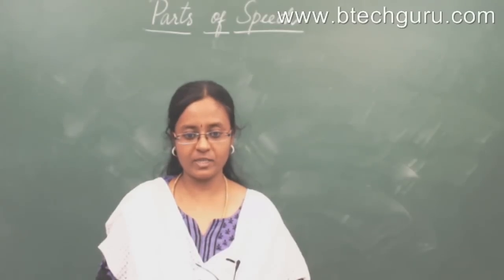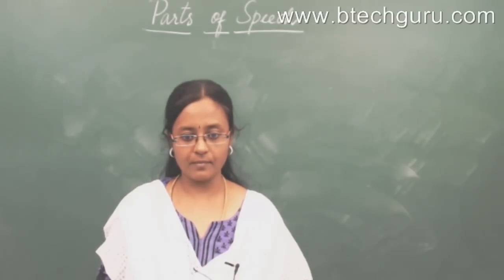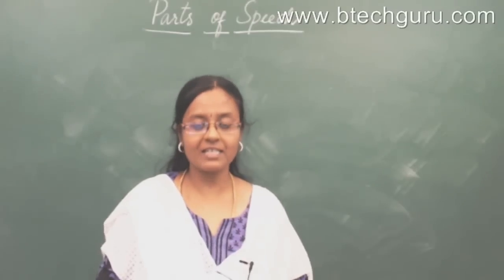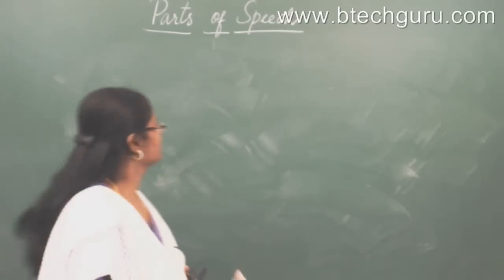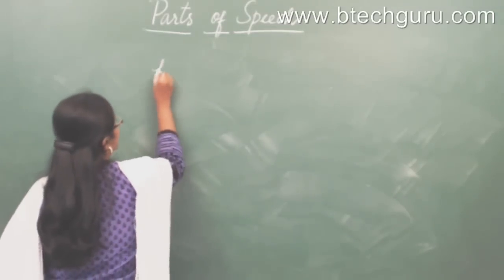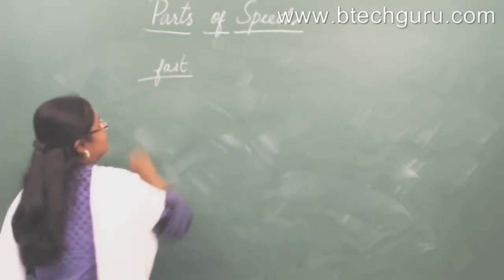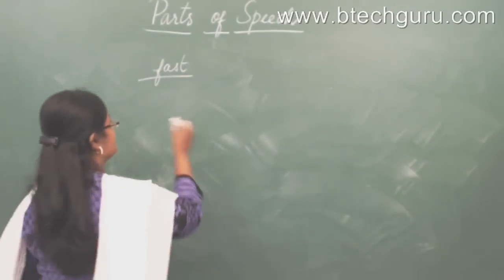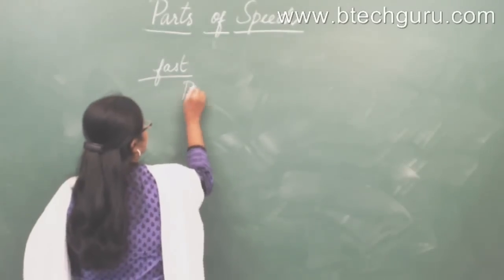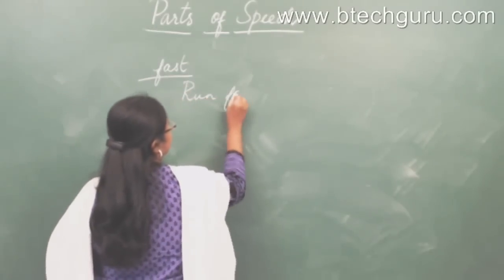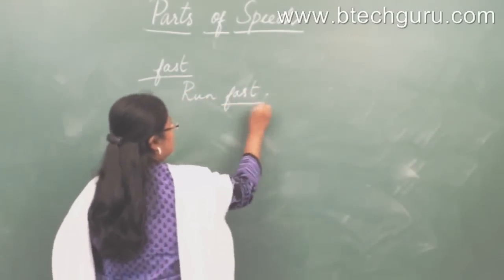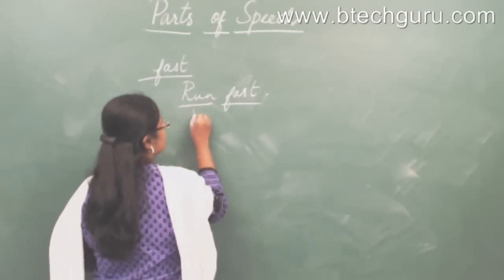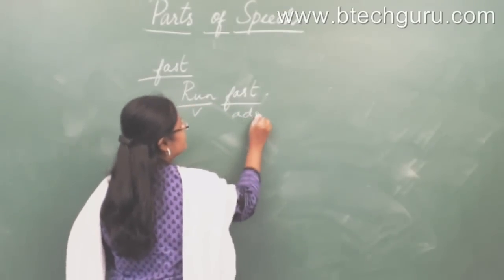Enough. What part of speech is enough? I'm not sure. Maybe adverb. Yes, it is adverb. See, the word fast itself can function as different parts of speech. Like if I say run fast. What is fast here? Run is verb, fast is adverb.